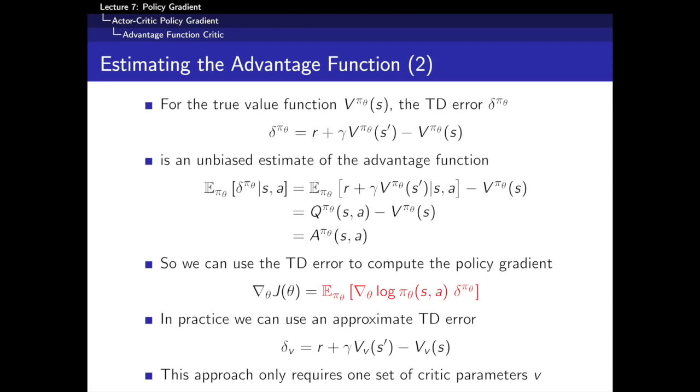This term here, the expected reward plus state value at the next state, given S comma A, is precisely the definition of Q. This is just like unrolling our Bellman equation one half step. So Q is equal to the expected reward plus the value at the next step. And so this whole thing tells us that the TD error is an unbiased sample. We've basically got our Q minus V now. This is the advantage function. This tells us that the TD error is an unbiased sample of the advantage function.